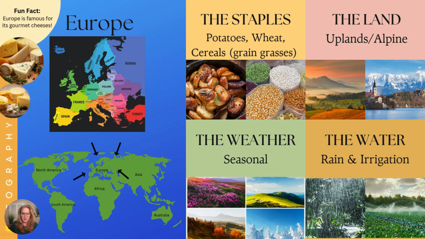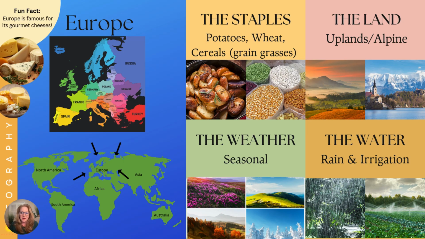So over in Europe, the staples we have are potatoes, wheat, and cereals, which are grains and grain grasses. So we get a lot of our different whole grains from the European lands.